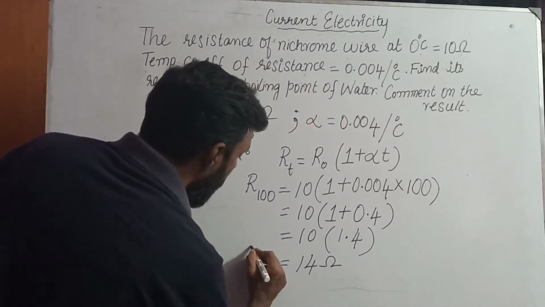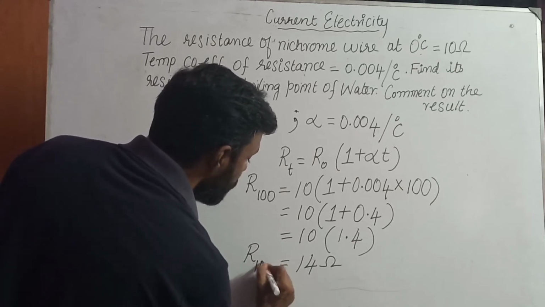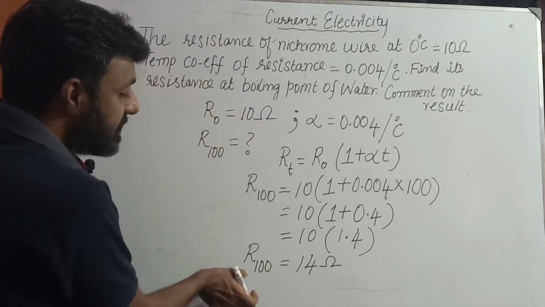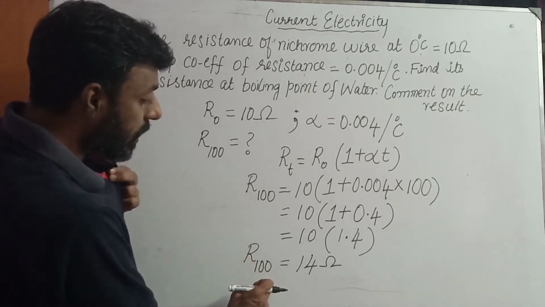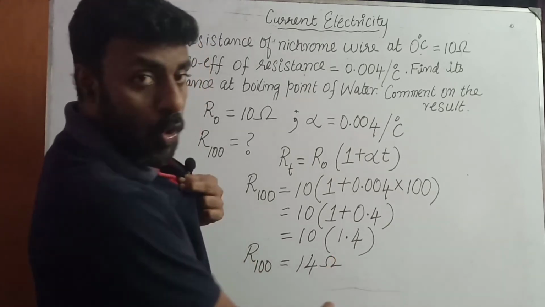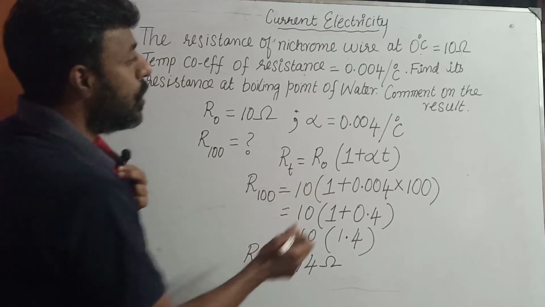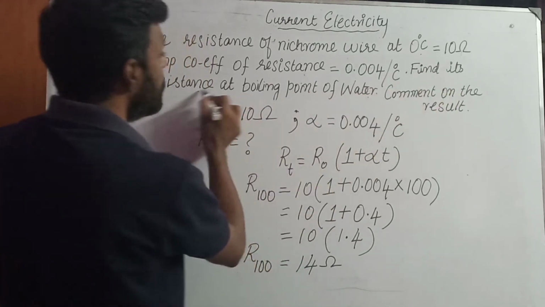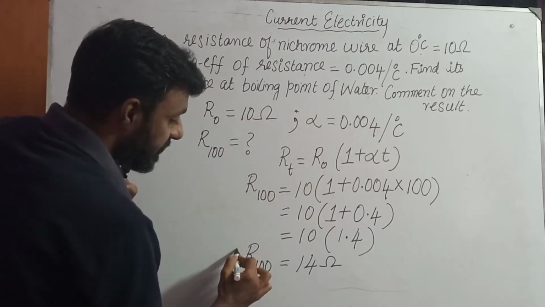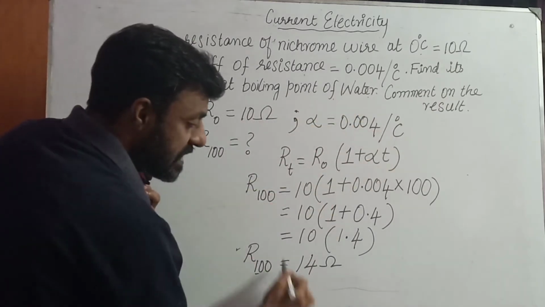That is R100, the resistance at 100 degrees Celsius: 14 ohms. We have found the resistance at the boiling point of water.